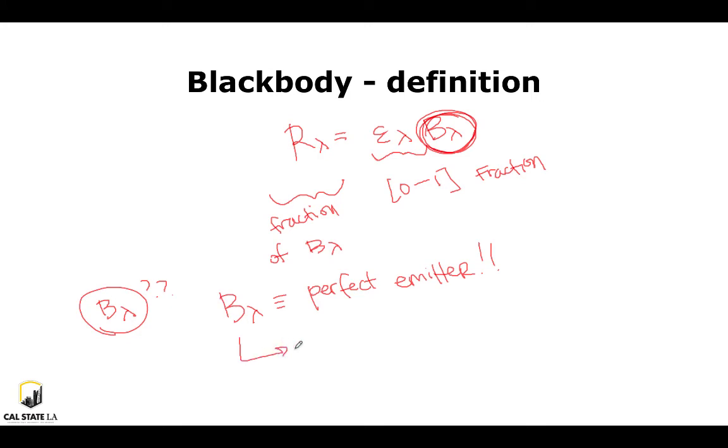So this is radiation from the sun, and only the sun, at a given wavelength. Okay? That is the black body.